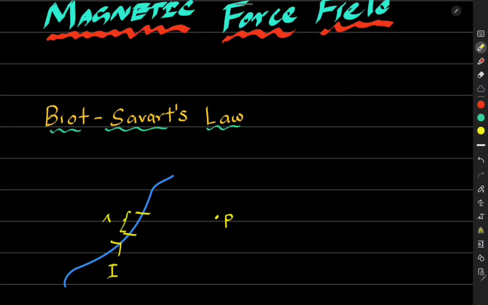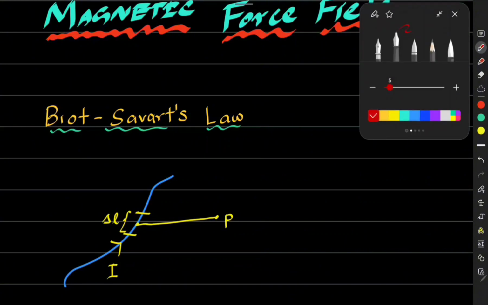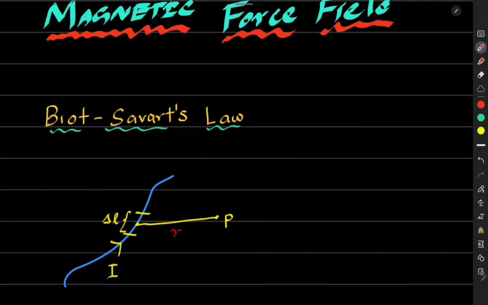Let's take it as delta L. We're going to find the magnetic flux density at the point P due to the magnetic field formed around this delta L part, and we'll draw a straight line to the point P. The distance between delta L and P we'll take as R, and the angle between the current carrying wire and P is theta.